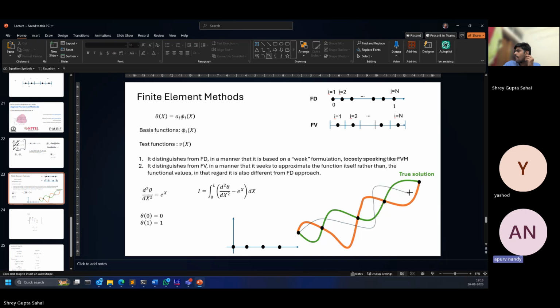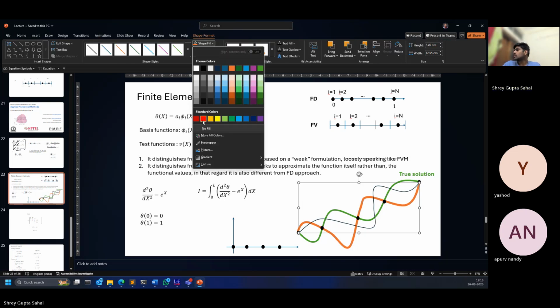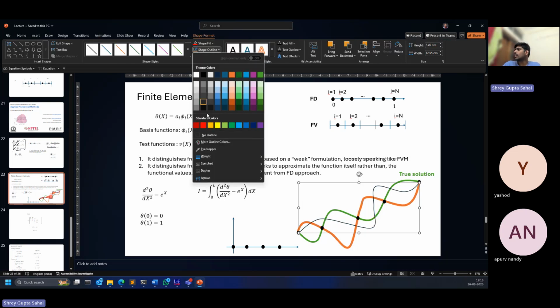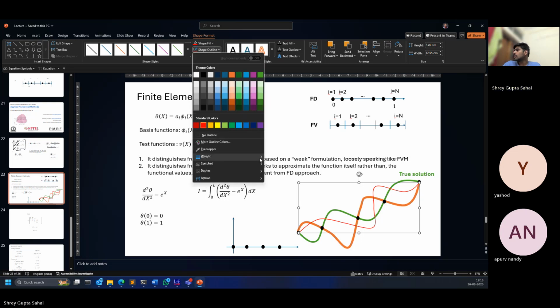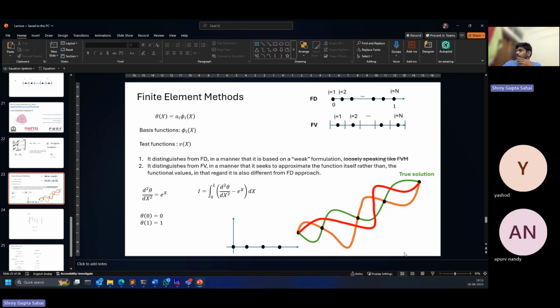Variation will reduce, right? So this will definitely not happen. Do you agree? Yes, sir. Why? Because we are giving more weightage around those points. That's okay, right?